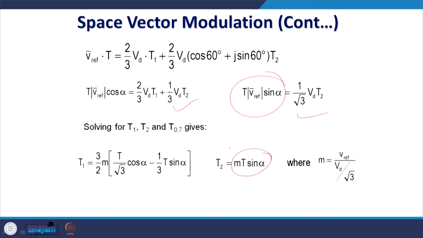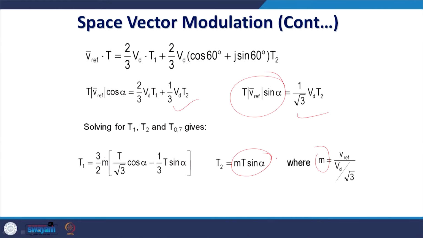So, M is Vref, what is the magnitude of it, maybe 40 volt or 30 volt, and VDC maybe 100 volt, whatever it may be, and that ratio is called the effective modulation index. Thus you can write T1 as M, that is 3 by 2 T by root 3 cos alpha minus 1/3 T sin alpha.